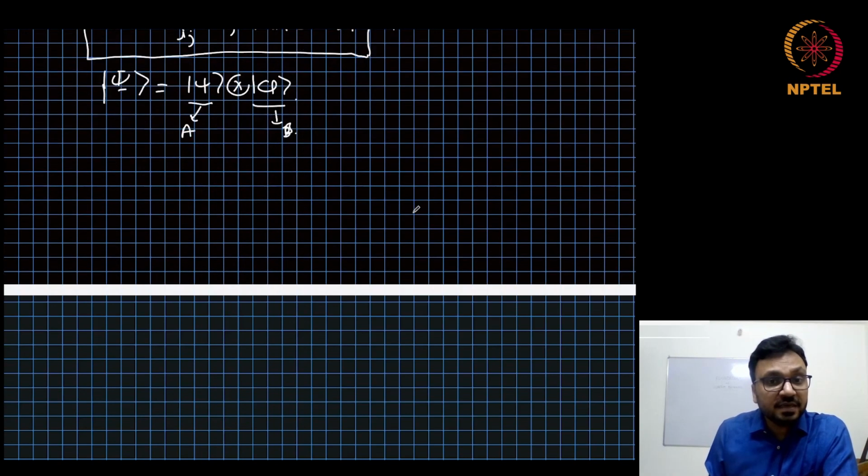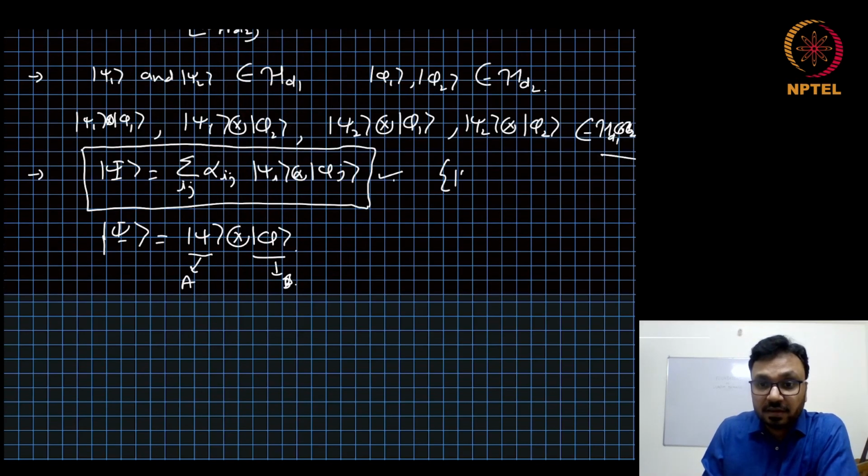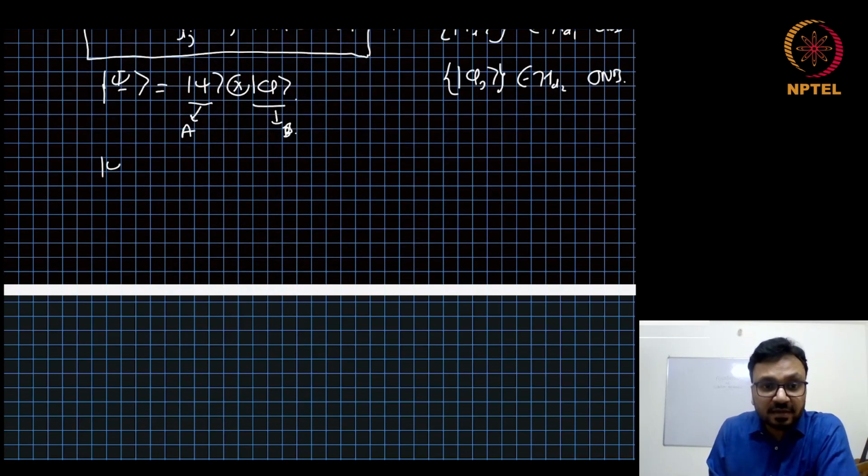Now let us say that psi i is the orthonormal basis in HD1, and phi j is the orthonormal basis in HD2. It means we can write psi as sum over i of si psi i, and we can write phi as sum over j of pj phi j.